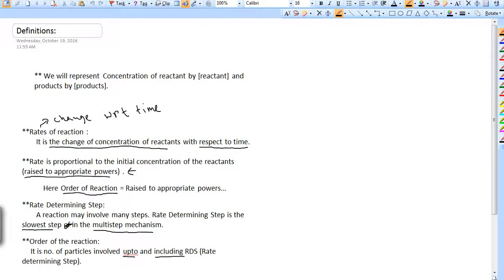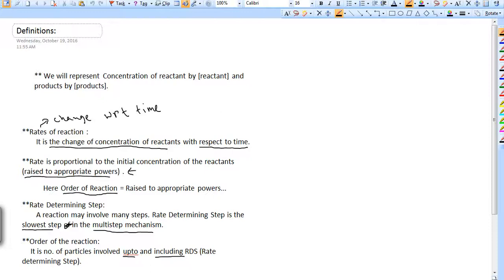First of all, we will represent the concentration of a reactant by the reactant in square brackets, and a product by the product in square brackets. This is the definition for rate of reaction. Rate of reaction simply means change with respect to time. It is the change of concentration of reactants with respect to time.